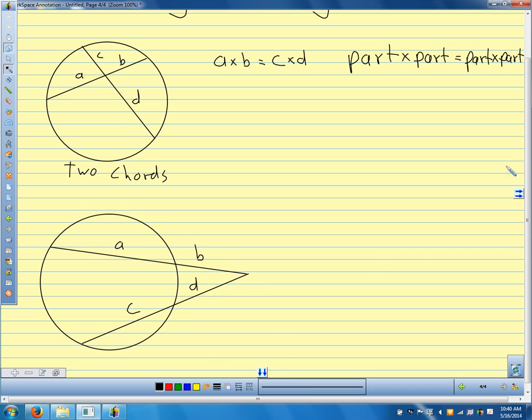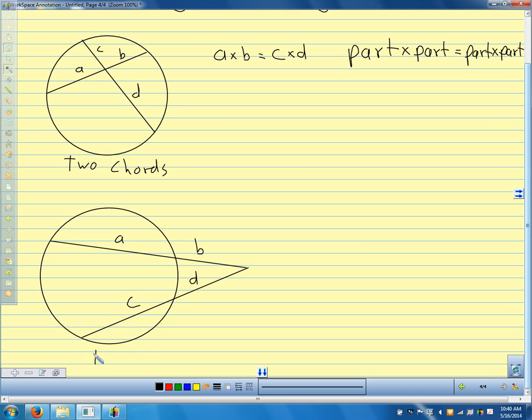So here we have 2 secants. And in this one, our lengths are related: A plus B times B equals C plus D times D.